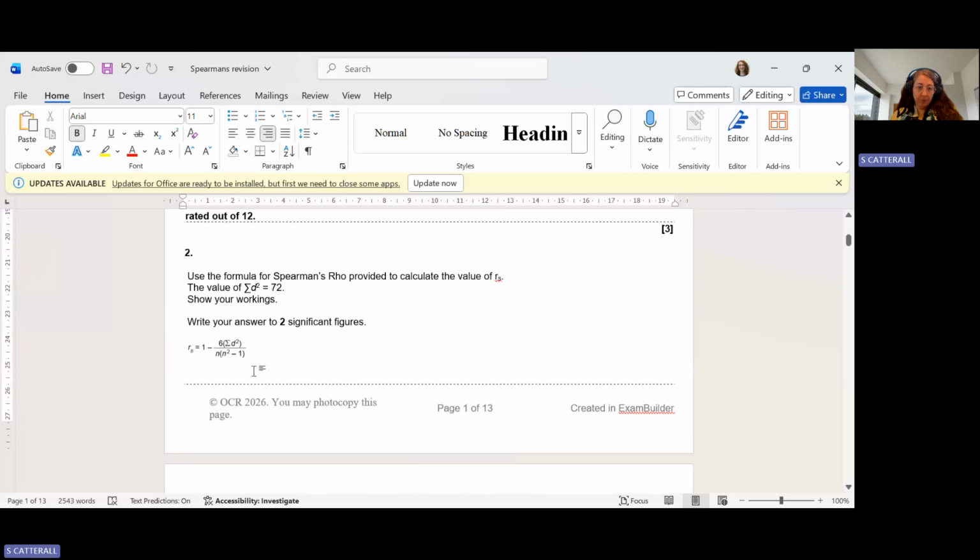So all we've got to do is 6 times 72, which if we get our calculator, I don't know if you can see my calculator, but I've got it in the background, is 432. So we've got the top line there, and then we're going to be dividing by n squared minus 1, times n.